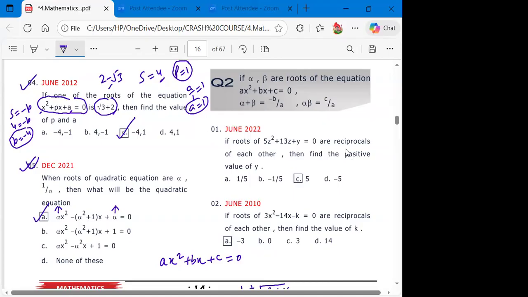Read this one: if the roots are reciprocals, again a should be c. So a is 5, c is y, so y will be 5. Understood the application of those class notes.